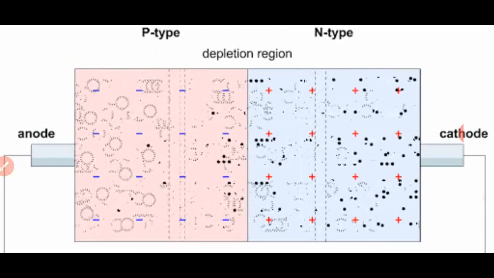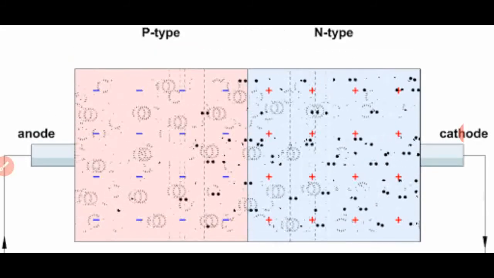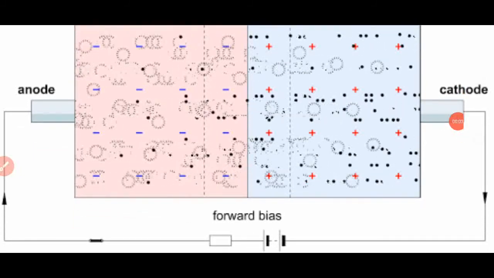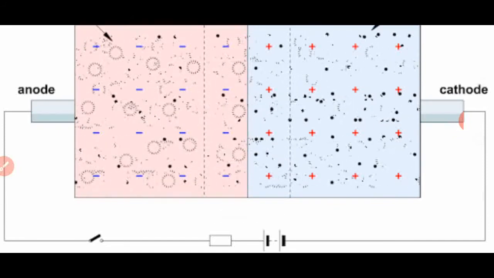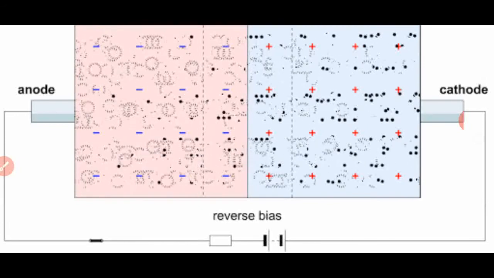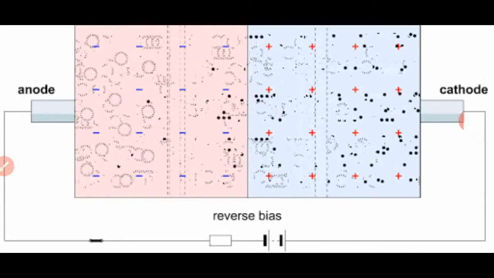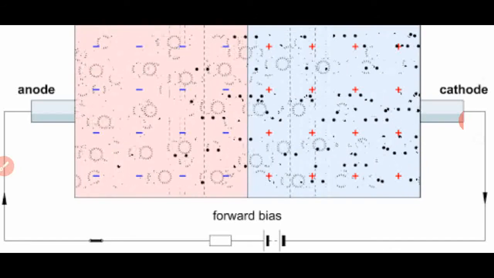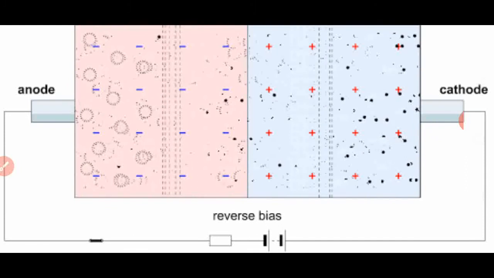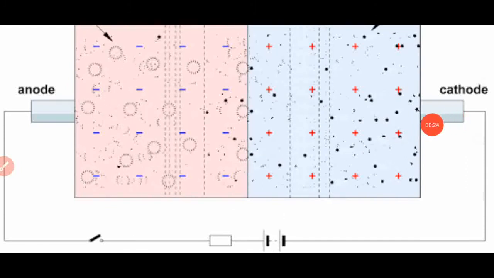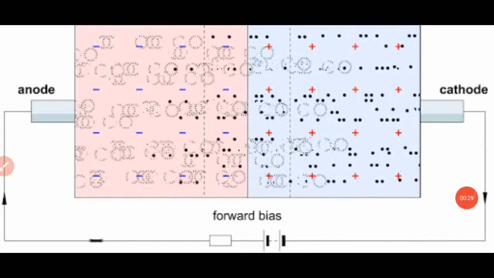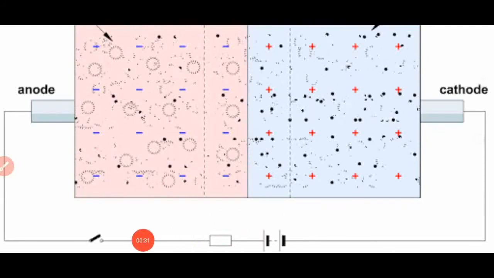So, how is the current possible? Actually, there are two ways by which we can connect this diode to the battery to generate the electric current. One is forward bias, and the second one is reverse bias. This is forward bias, and this is reverse bias. Observe it keenly. In the forward bias, negative is connected to the negative of the diode, and positive is connected to the positive of the diode.